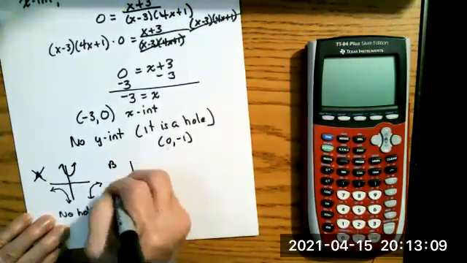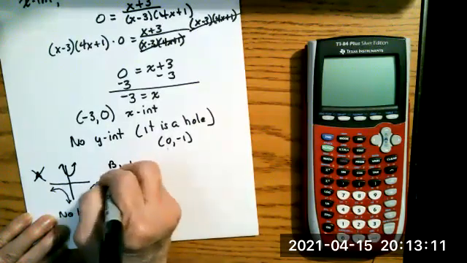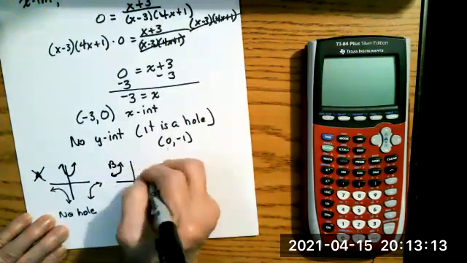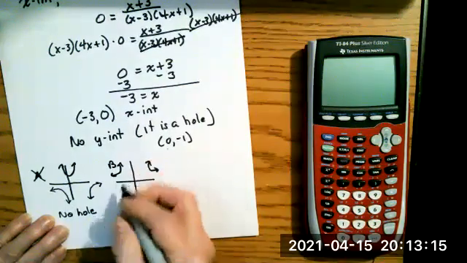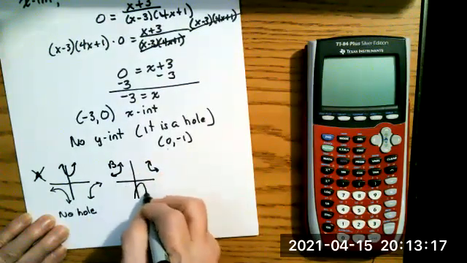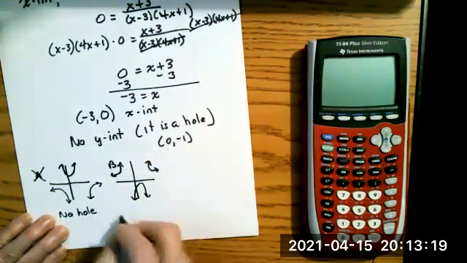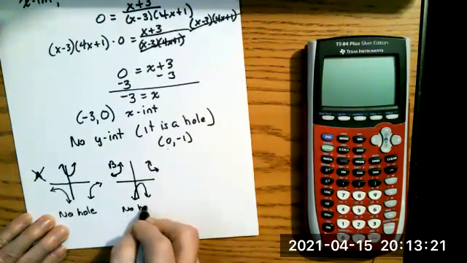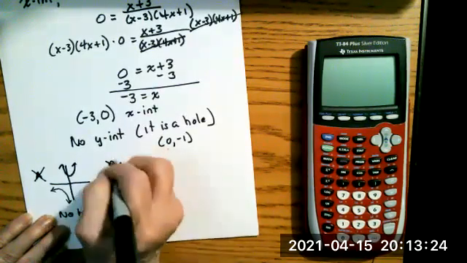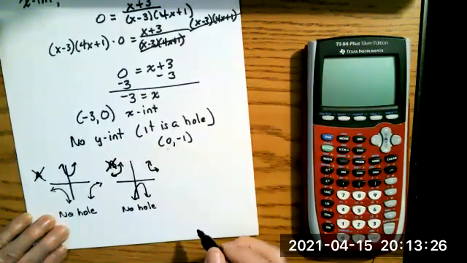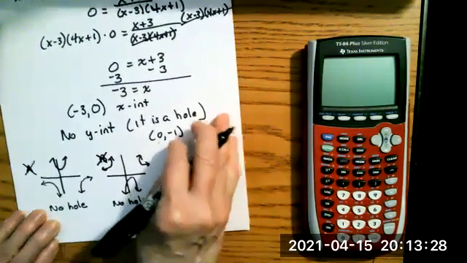This one is a graph that has the line here and over here, and it comes down in the middle right here. But there is no hole, so it can't be this one. Okay?